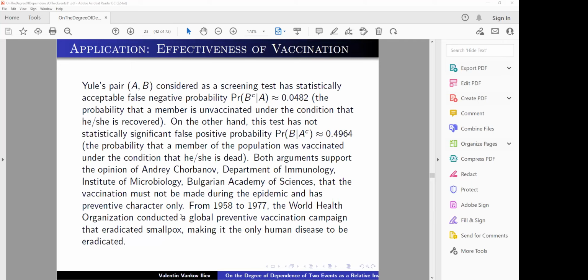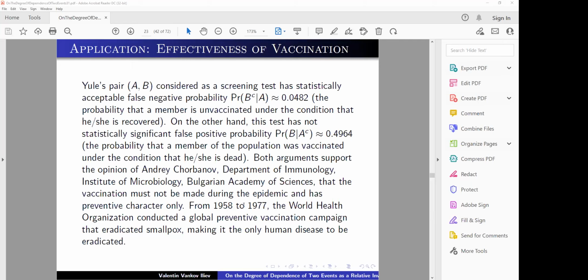And indeed, in the period from 1958 to 1977, the World Health Organization conducted a global preventive vaccination campaign that eradicated smallpox. This is the only illness that was eradicated.